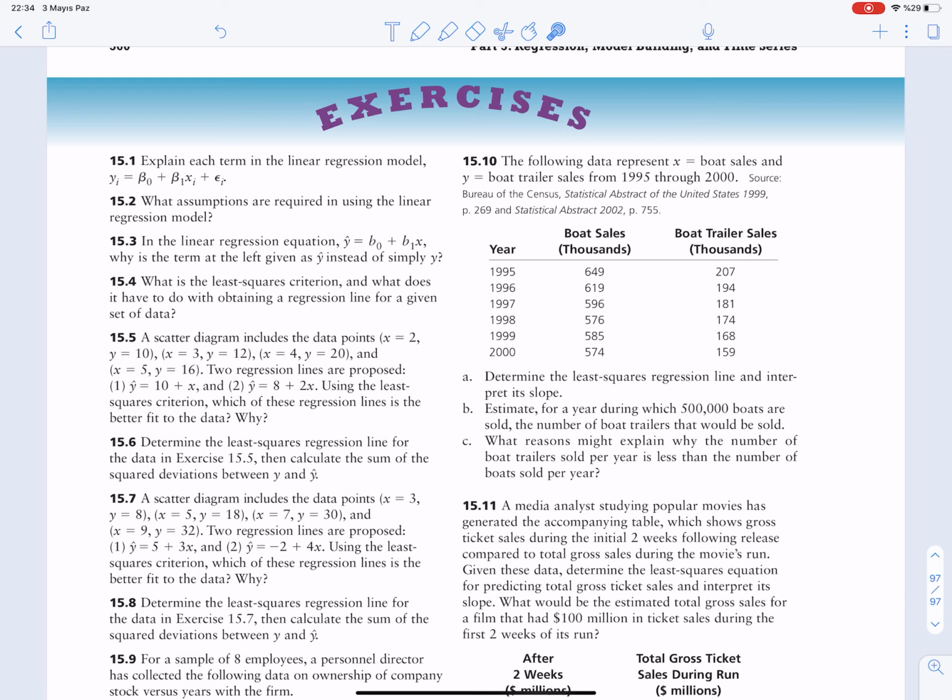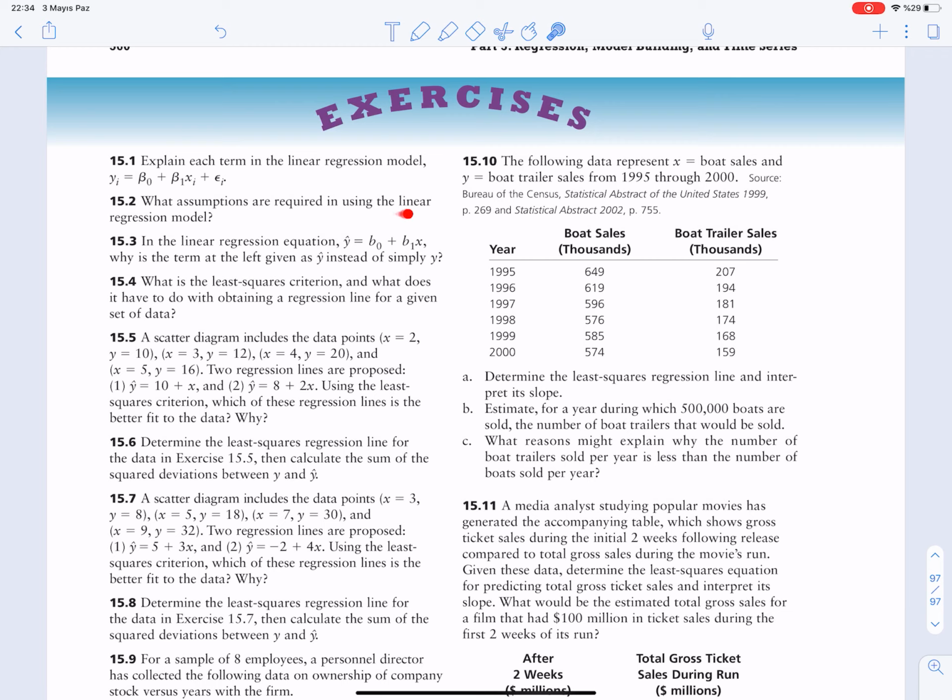Beta 1 is the slope coefficient of the regressor x, and this is a population parameter. Xi is the ith explanatory variable, and finally the epsilon i term is the error term. As I told you, it is not a residual. In my case, this is only a random error.